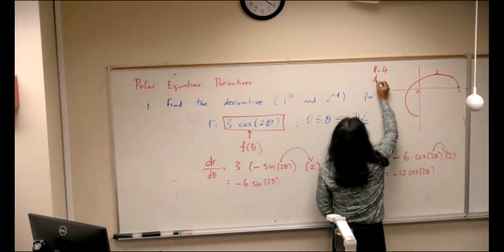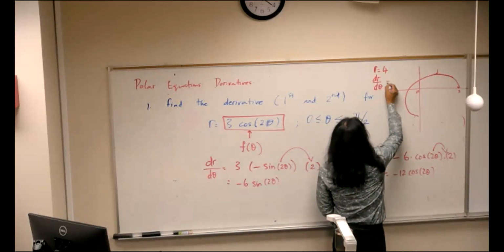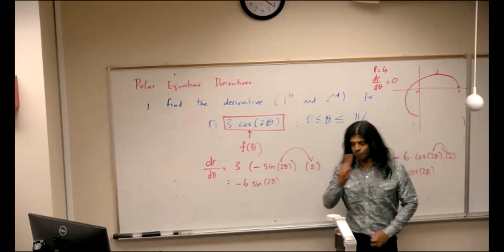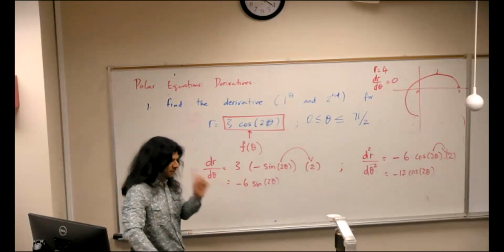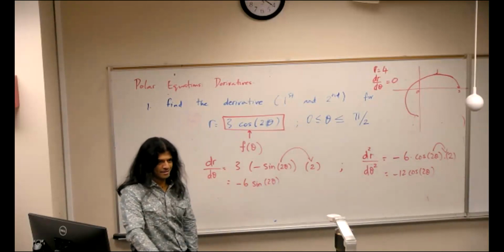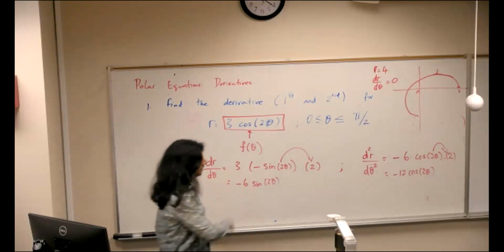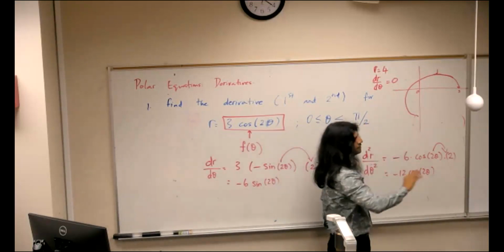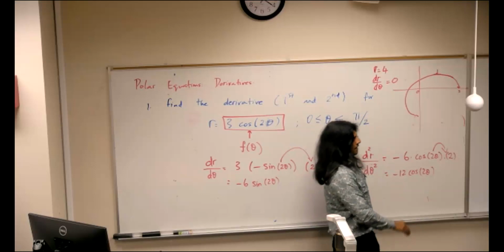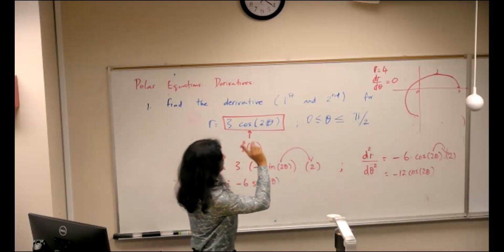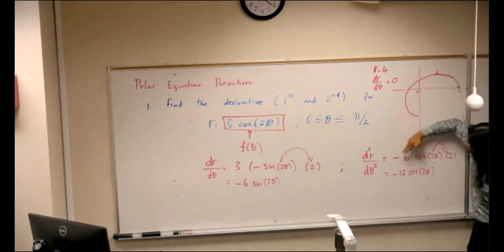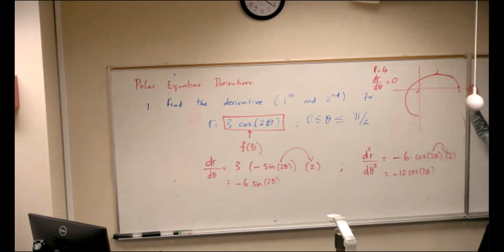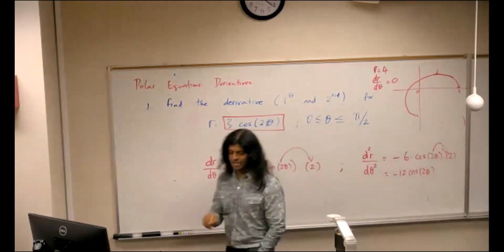Zero. No matter what angle you pick, the radius does not change with respect to the angle. Do we agree? That is a circle, so that is independent of theta. It's just 0. No matter what point you pick in an angular fashion from 0 to 2 pi, the radius does not change.